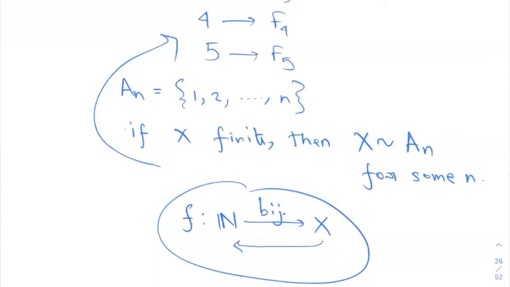So counting two distinct elements in N lets me count two distinct elements in x as well. And since this map is bijective, every element in x is also accounted for. So counting in N and counting in x makes sense because of this bijection. That's why we say that x has as many elements as the set of natural numbers, provided we have this bijection.